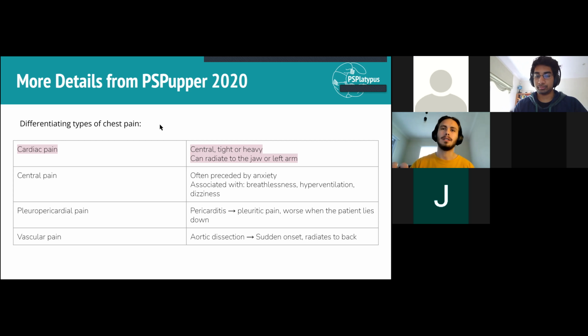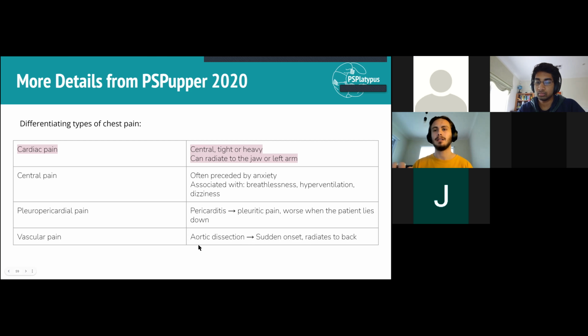Okay, and then you have other types of chest pain. So central pain, often preceded by anxiety, and so that could be more so like panic attacks or more sort of psychosomatic. So your brain affecting your body rather than there being a specific physiological pathology. You've got pleuropericardial, so that pain of like rubbing of layers and things like that, and they're worsened by sort of increasing the pressure. But generally that's like inflammation of the pericardium.